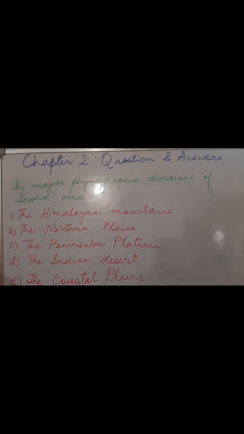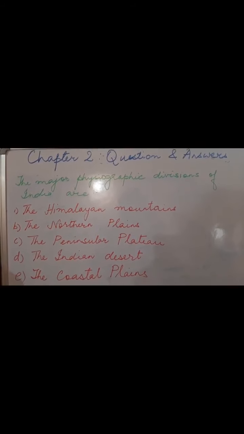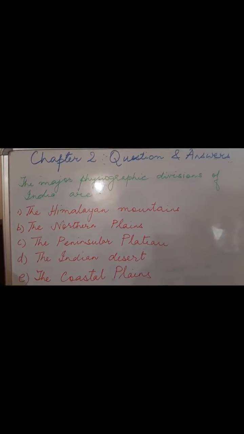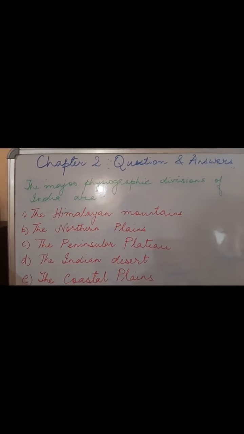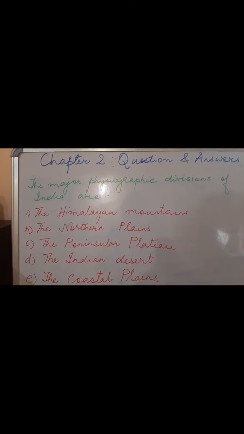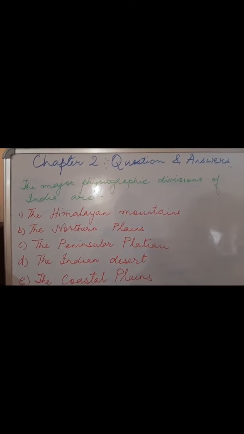So I will start with which are the major physiographic divisions of India. So let's continue with the answers. Let us first do the first part of this question. The first part is, what are the major physiographic divisions of India.